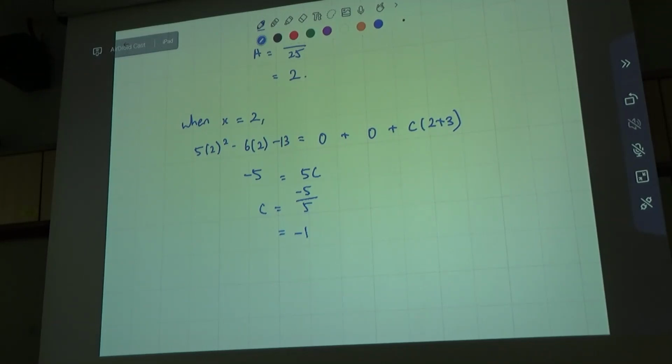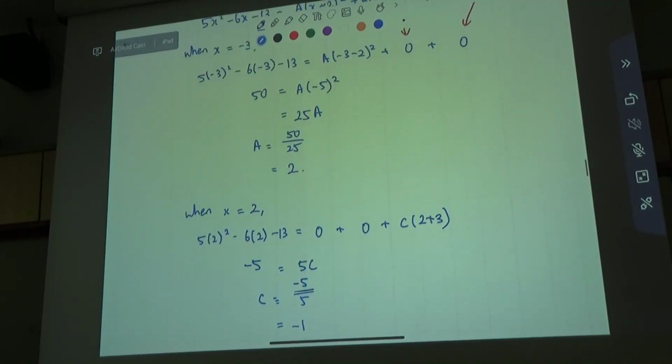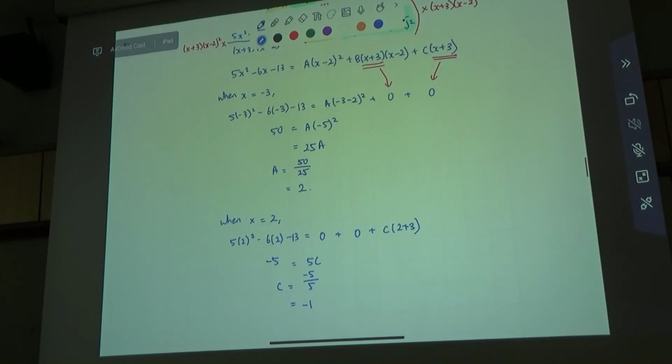Okay? Right? So now that we have found A, we also found C already. How to find B? Let me zoom out for us to see our overall working. So what do we see? Found A and C already.